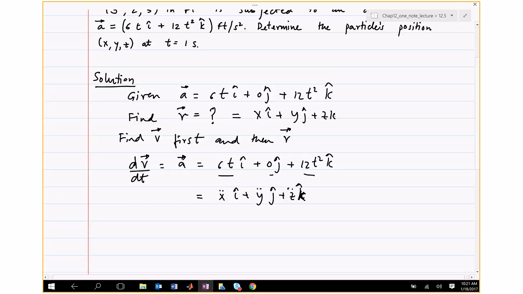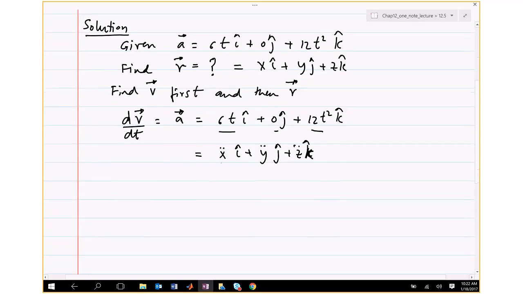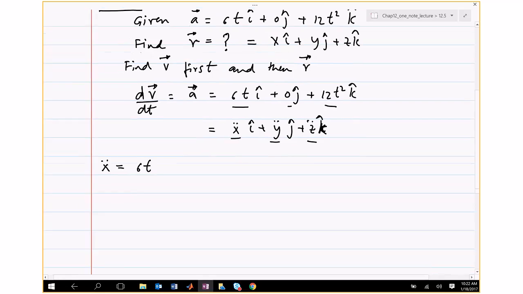I need to find x, y, and z. So the second derivative of r is x double dot i plus y double dot j plus z double dot k. What I do is compare x double dot with 60 because they are the x components, and then integrate it twice.